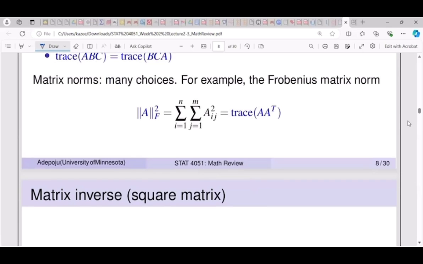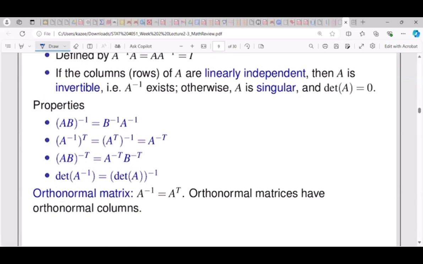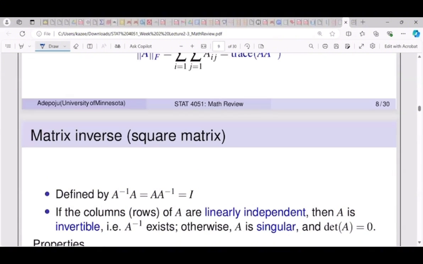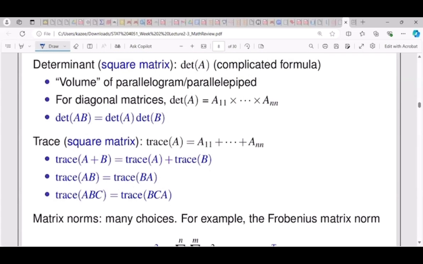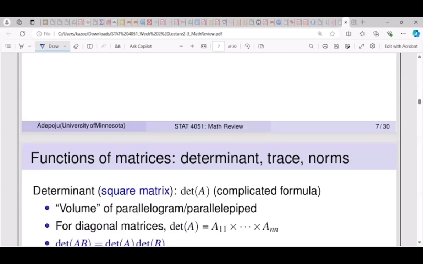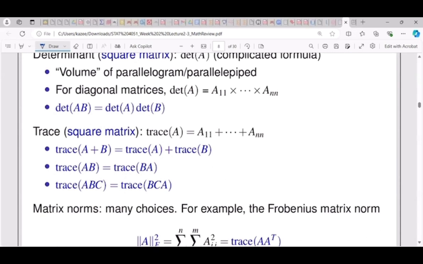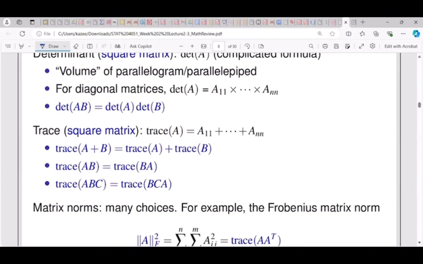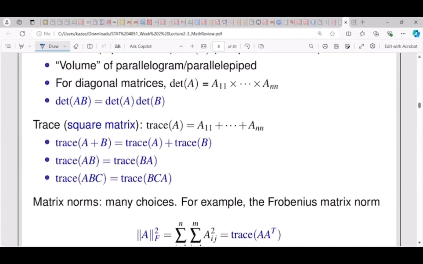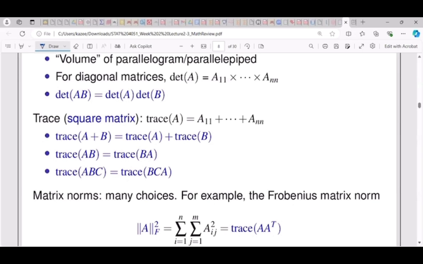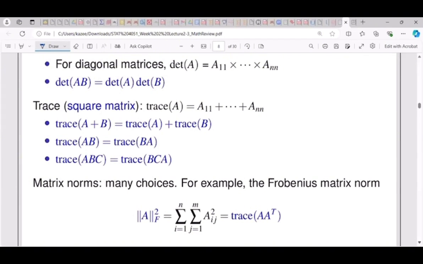Okay, take a look at this. We talked about matrices and the trace, and let me also show you this. We also have what we call matrix norms. At times we may be focusing on the trace of matrix A, and at times the focus may be on something else.